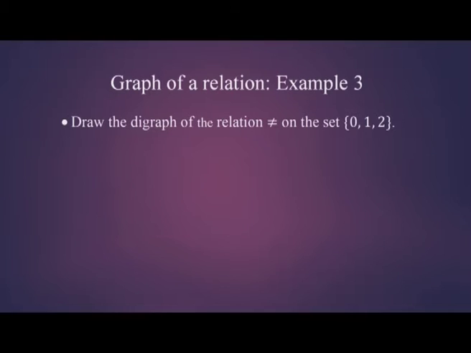Now, let us look at another example. We are asked to draw the digraph corresponding to the relation not equal to on the set 0 1 2. How will we do that?